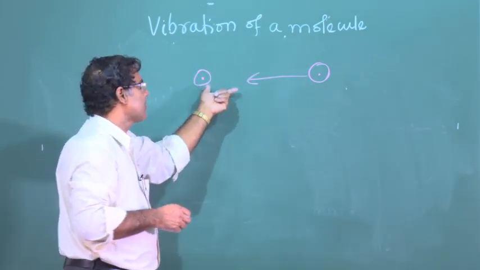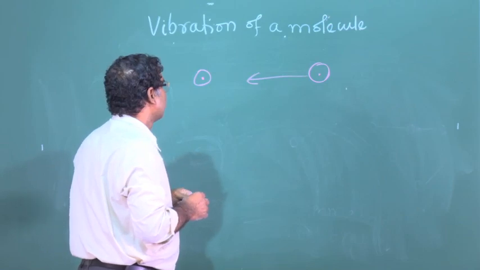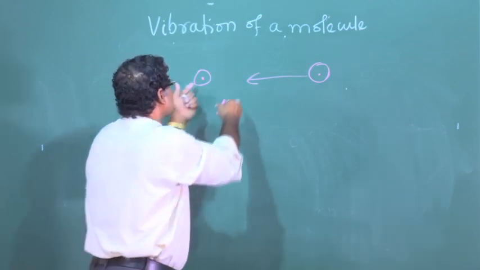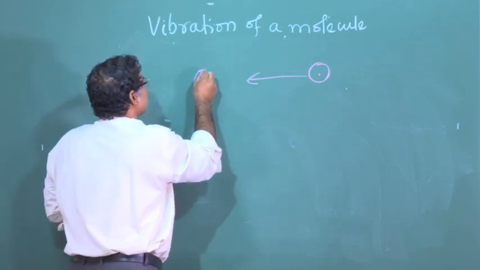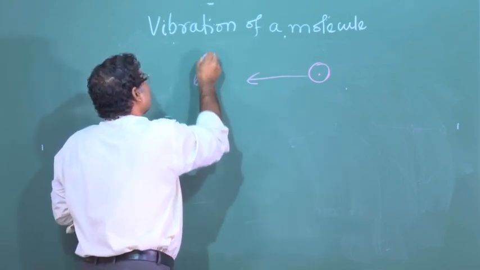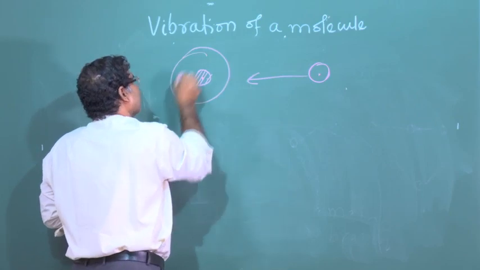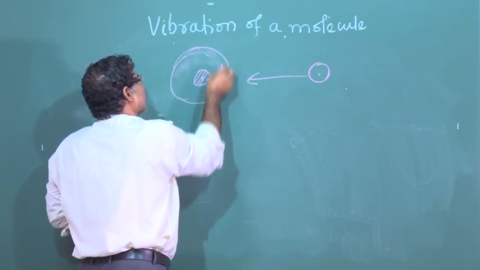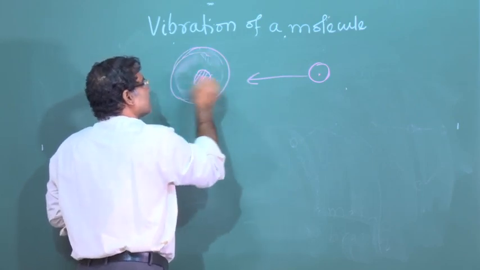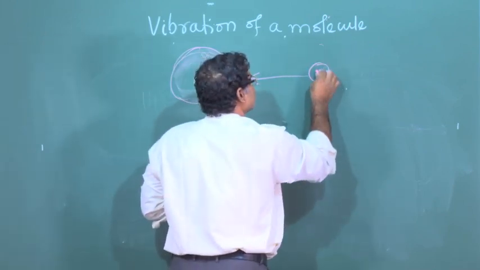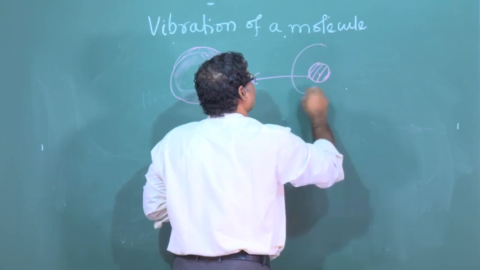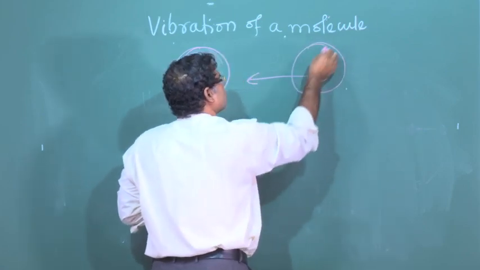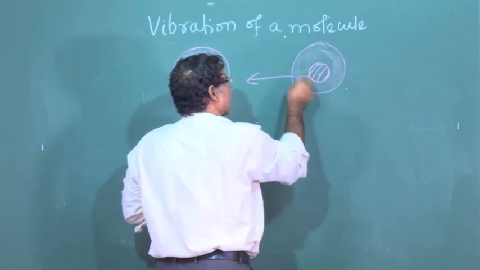So, what will be the equilibrium distance? That depends on the force. Two types of force will act here. Say, this is the nucleus, and here is the distribution of electrons in this molecule also, this is say the nucleus, and this is the distribution of electrons.